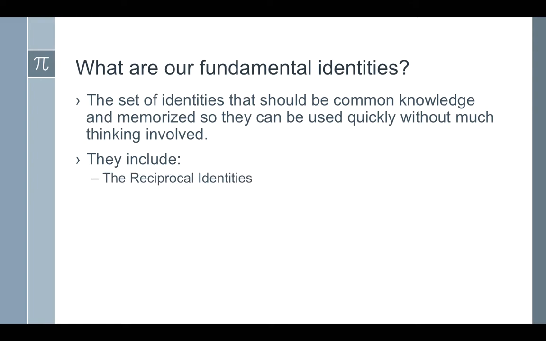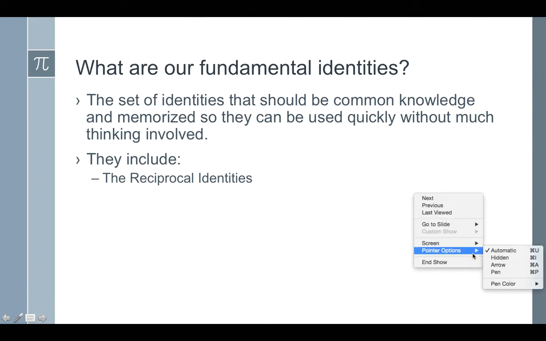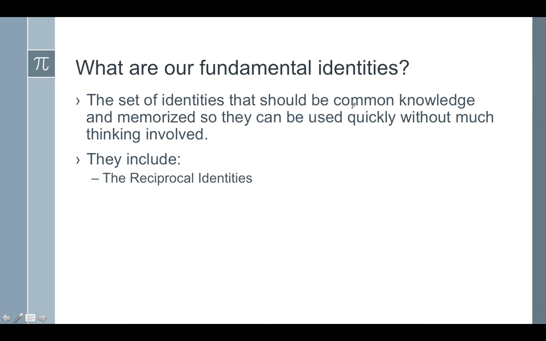The first one that everybody should know is the reciprocal identity. The reciprocal identities are things like this. We know that sine of x is 1 over cosecant of x, or cosecant of x is 1 over sine of x.